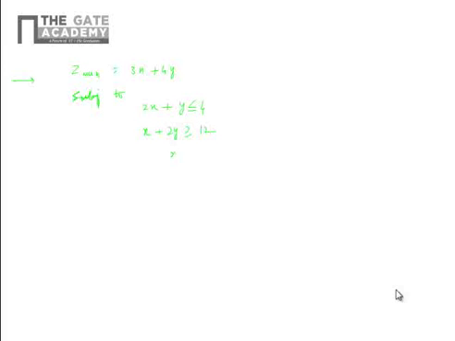Earlier it was x greater than or equal to 0, now x is unrestricted in sign. Unrestricted means you can take negative values also, not only positive. Y is greater than or equal to 0. Now we have changed it this way.